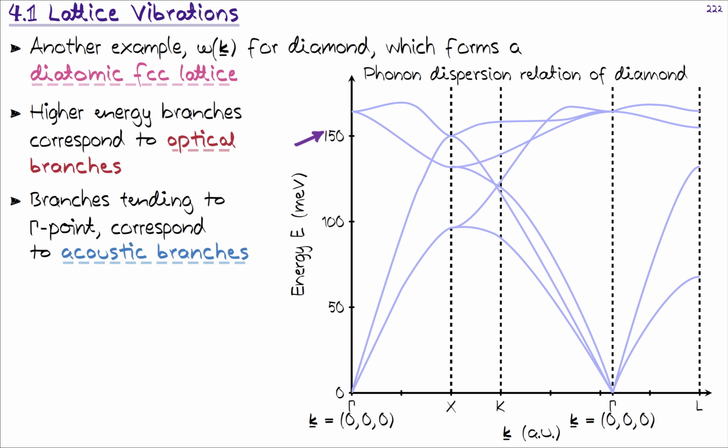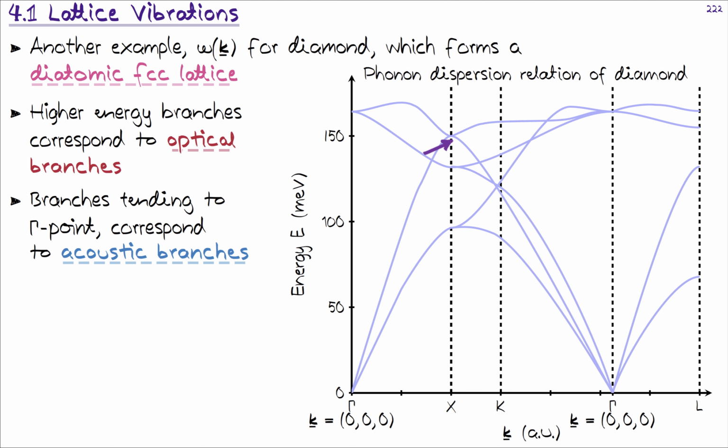And the final thing I should mention is that please note also the difference in the energy scale compared to the aluminum case. So in aluminum, the highest value of the energy of an acoustic branch went to around 40 milli-electron volts.